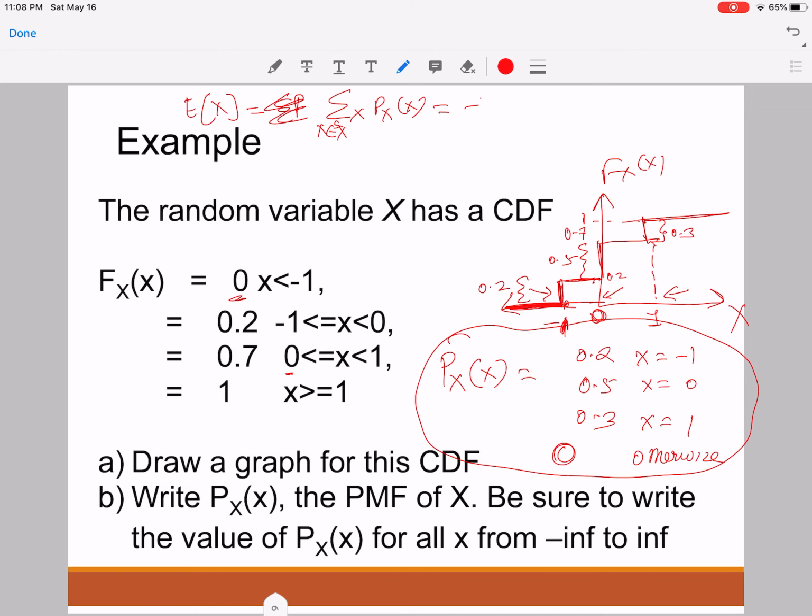So I have -1 times its weight, which is 0.2, plus 0 times its weight, which is 0.5, plus 1 times 0.3, which is its weight. And that gives me the final value as 0.1. So that's the center of mass. It's concentrated near 0.1.